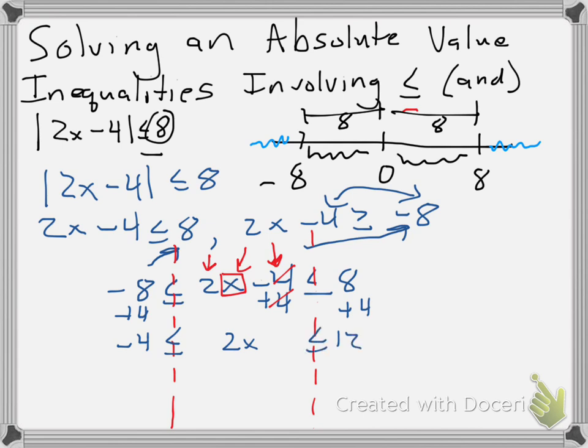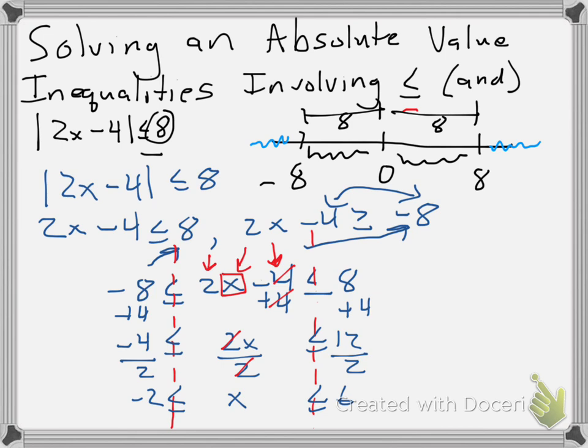Then we're going to divide all sides by 2. We get negative 2 is less than or equal to 2x divided by 2, which is x, which is less than or equal to 6.